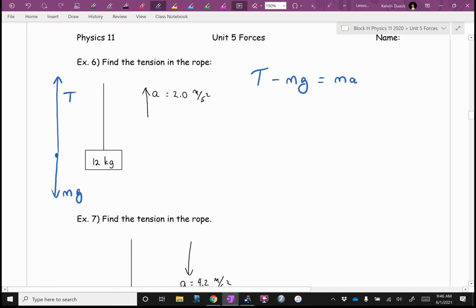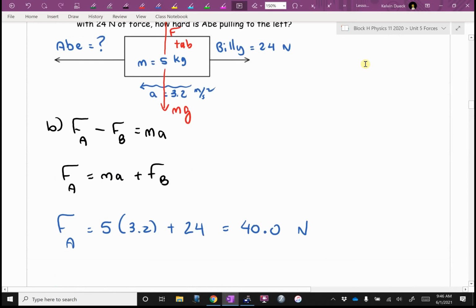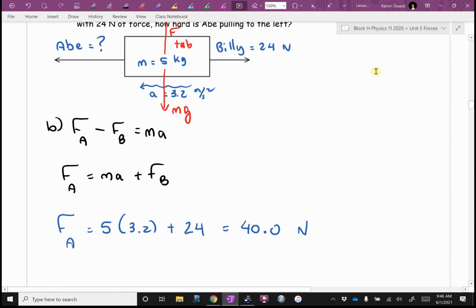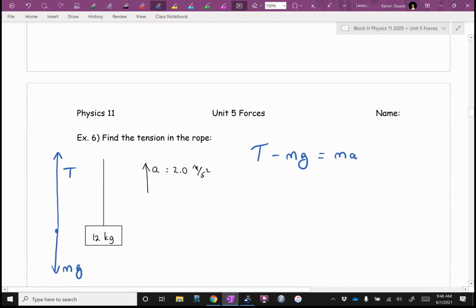If you go m times a, so 5 times 3.2 equals 16, and if you add it to the other, that equals 40. Does that work? That's what we did. It works in this situation based on how I set up the forces, but we're going to get more complicated.